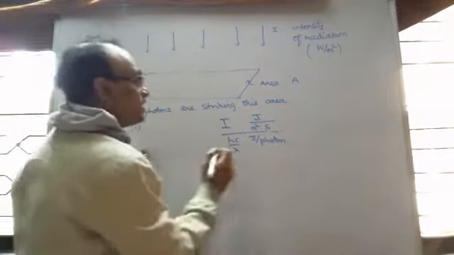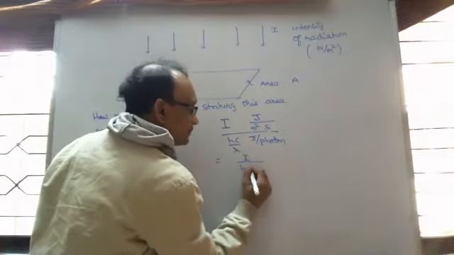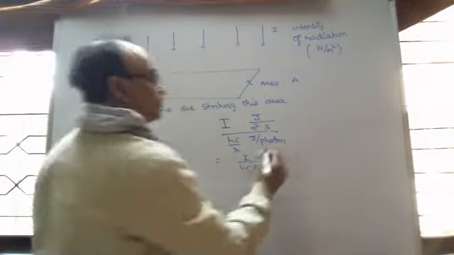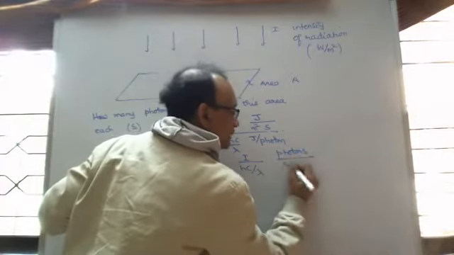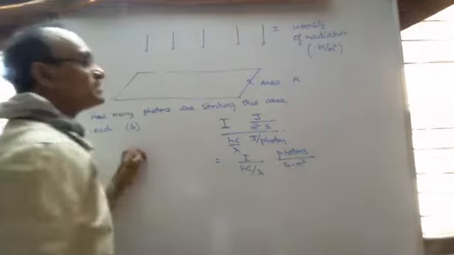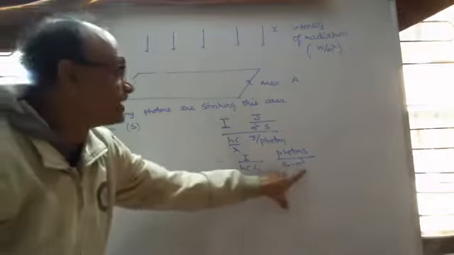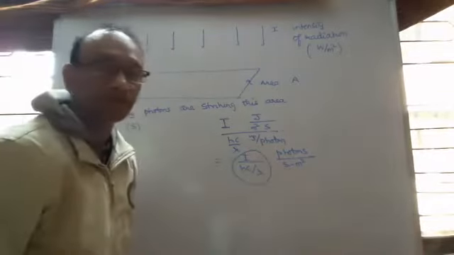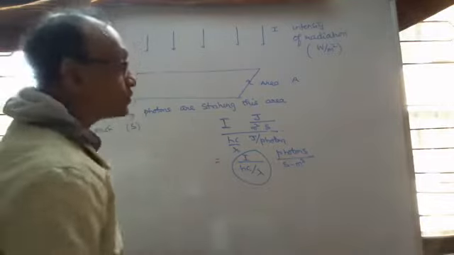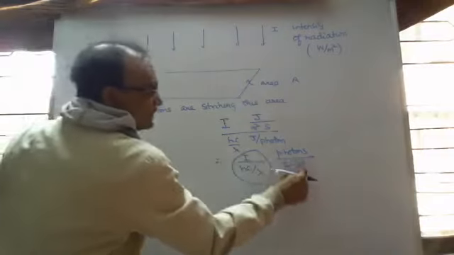So this will give me I by hc by lambda photons falling per second per meter squared on this area. हर यूनिट एरिया में इतना photons गिर रहा है. I by hc by lambda, right?